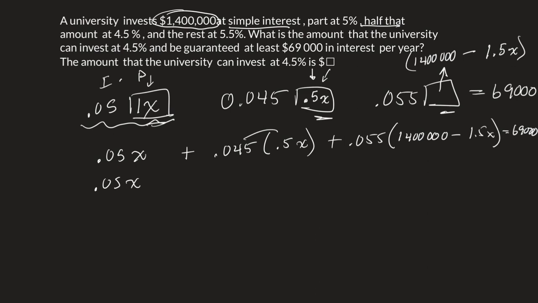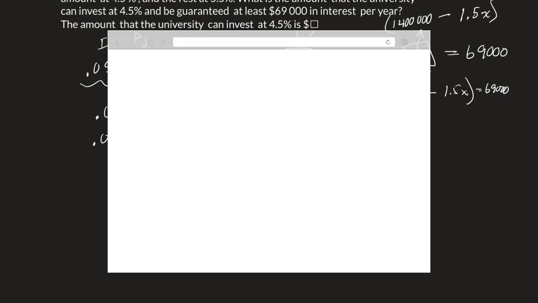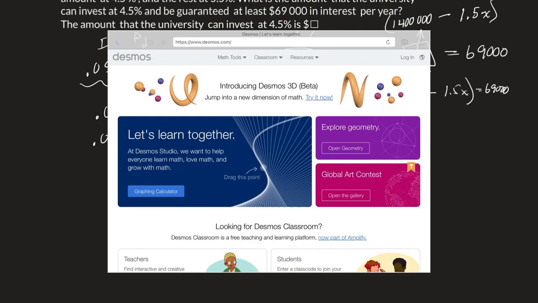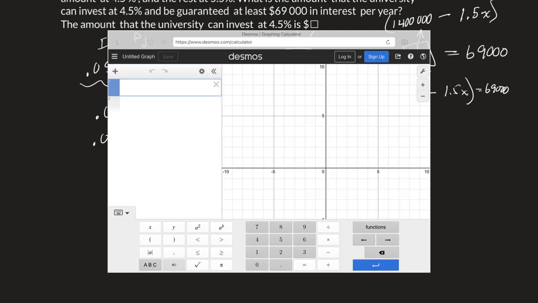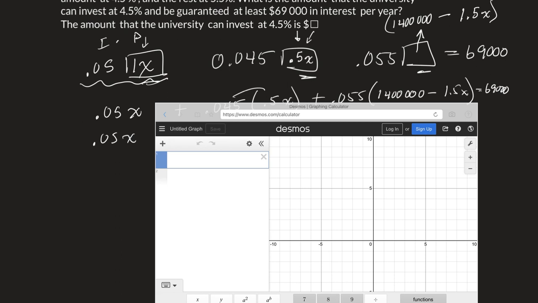So 0.05x, and then 0.045 times 0.5 is 0.0225.